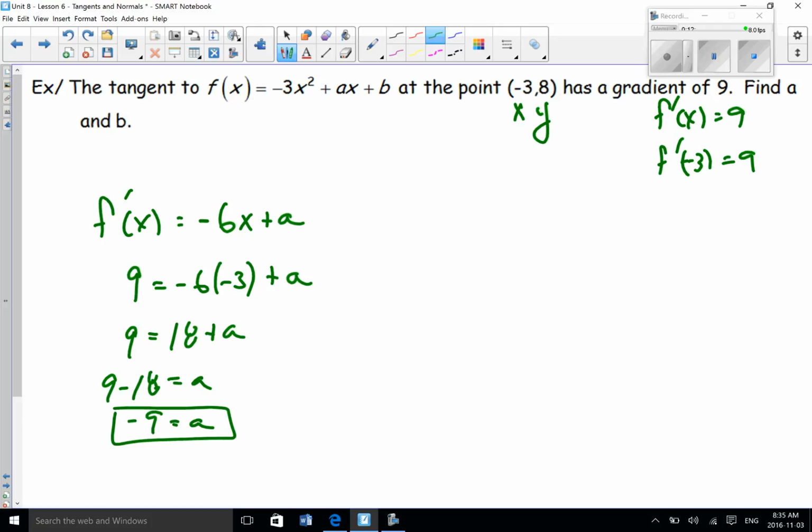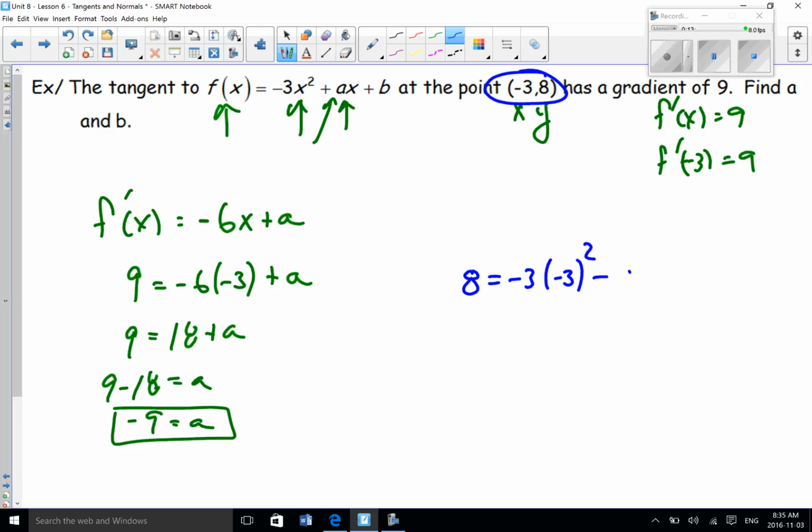So how can I find b? Well, b is in the original equation, which is made up of x's, a y, and an a. So if I want to solve that, I can because I have this point that I was given. I can put in the 8 for the function value, and negative 3 for the x.